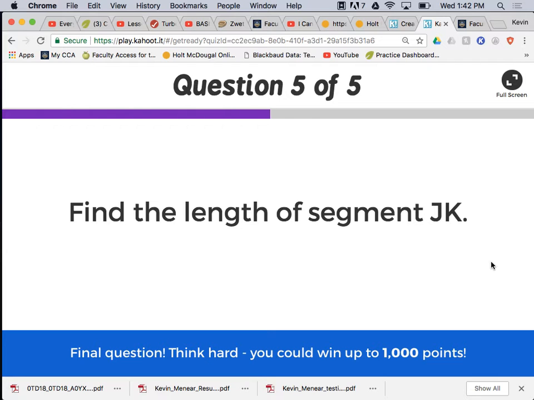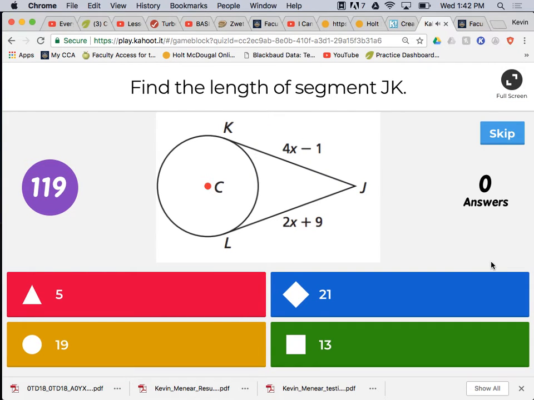Find the line segment JK. Does it matter which outside we take from? It's this one.